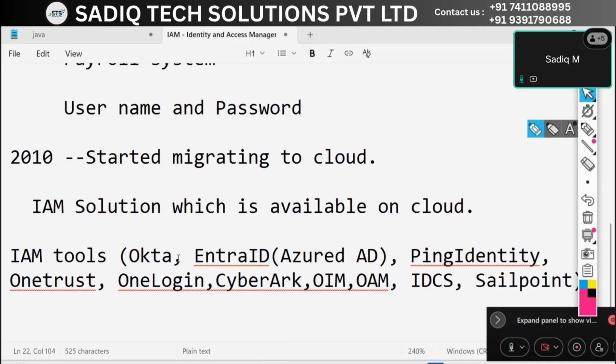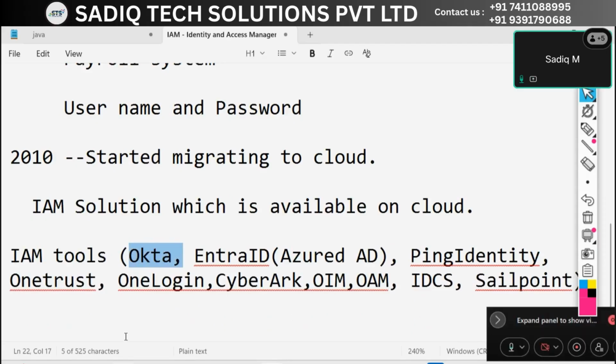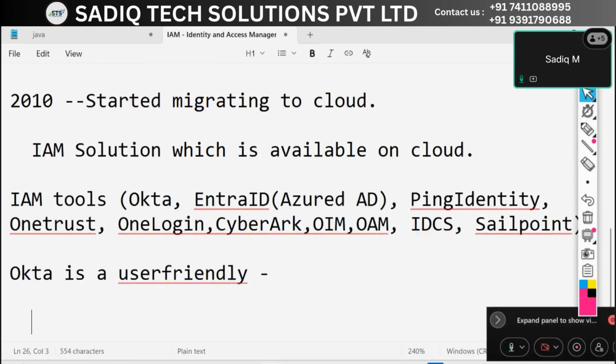And Okta is leading the market since years from now. This is not my word actually. As per Gartner report, Okta is leading, and most of the companies are using Okta for the IAM solutions, right? And Okta is user friendly. That is one of the main advantages actually, and it is more secure.